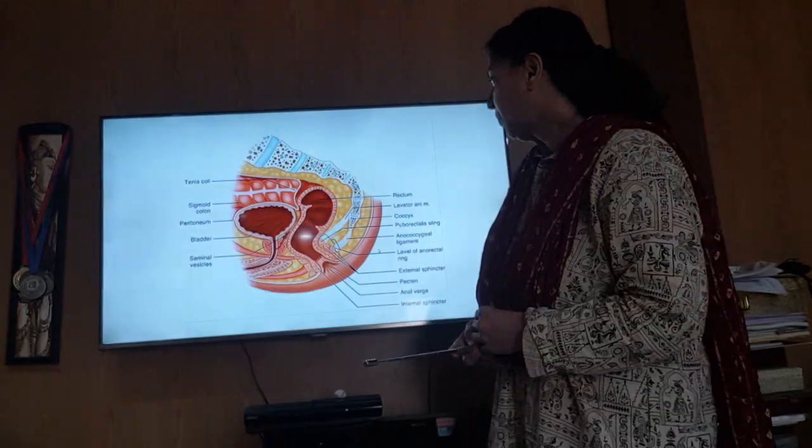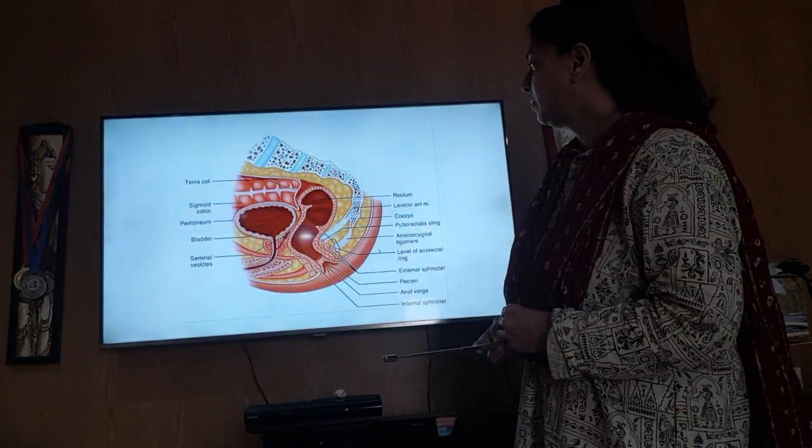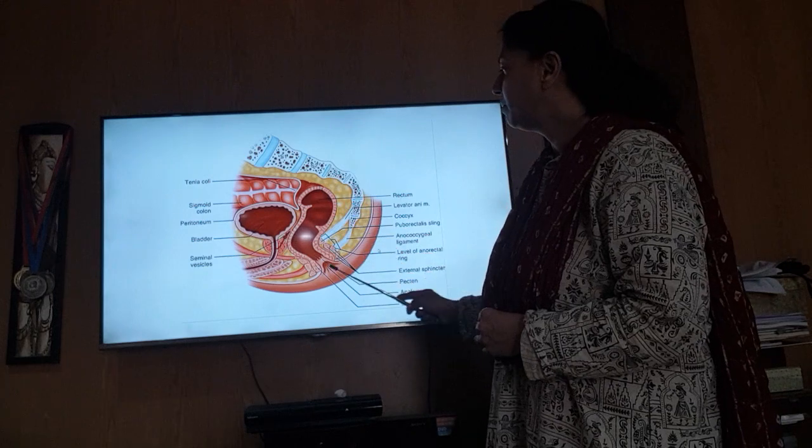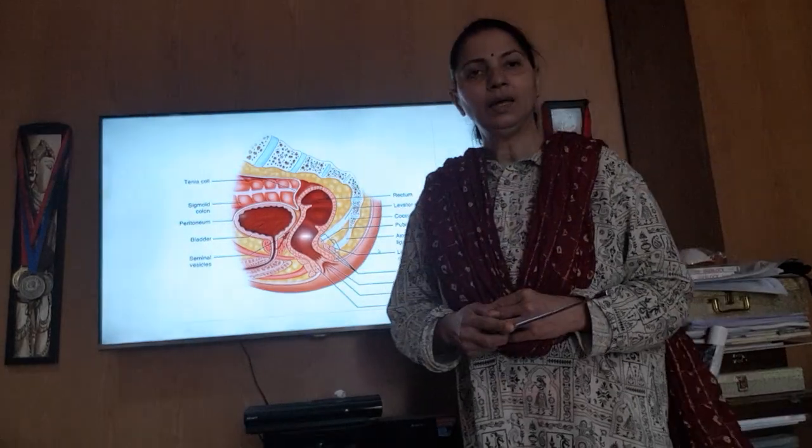Now, if we talk about its ligaments, the main ligament, the supports, we can say supports of rectum. Ligaments are there. Most of the ligaments are nothing but condensed fascia.